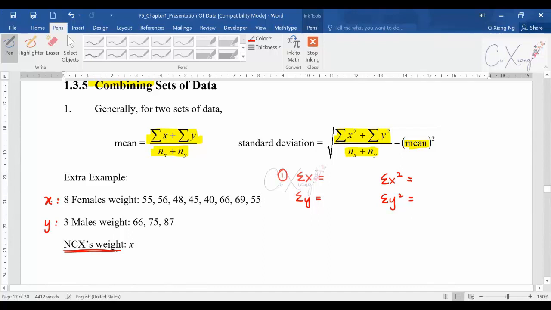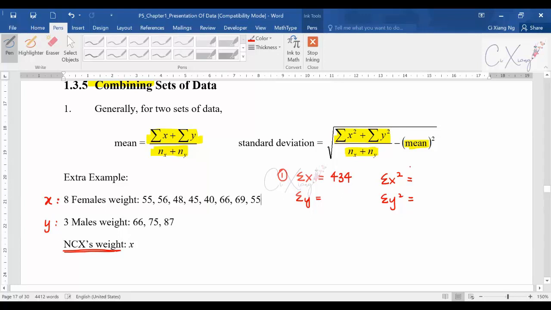So what do I have? Summation of x means for these 8 females, and y means these 3 males. If I didn't do any careless mistake, I will get 434 for this value.